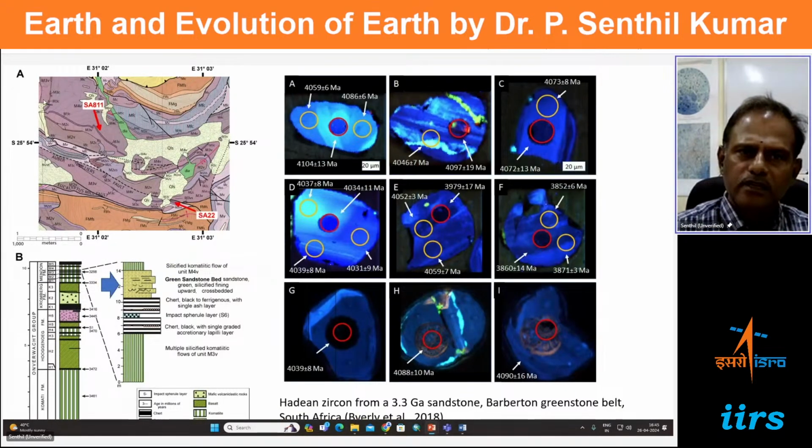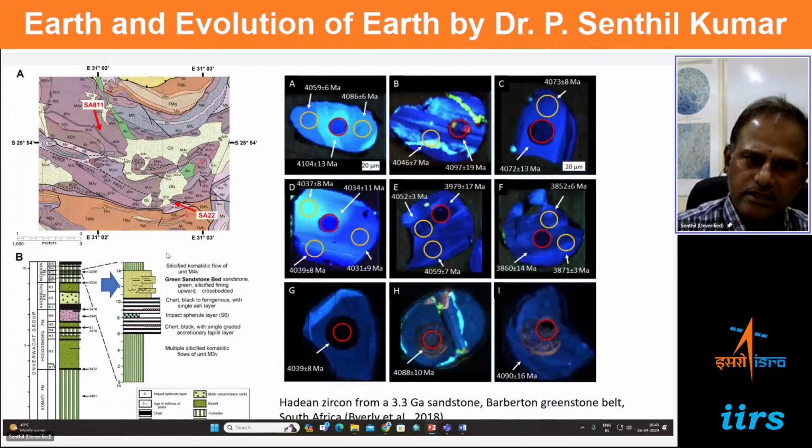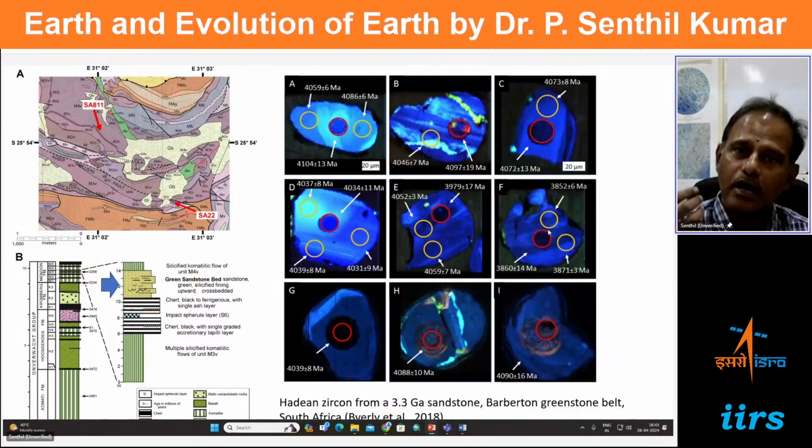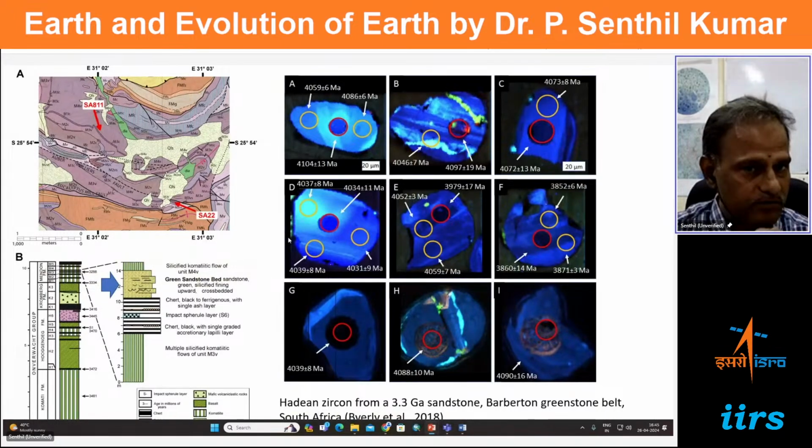This is another location on Earth, in South Africa. The rock records there also contain zircons like this. People separated and dated them. They got an age of around 4,000 million years for this type of zircon.